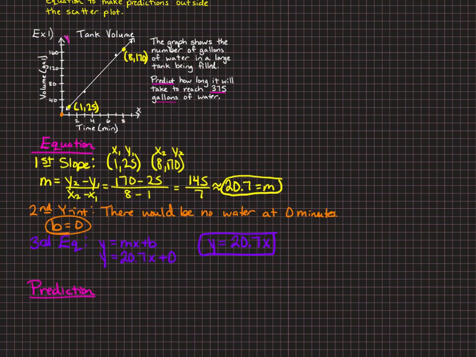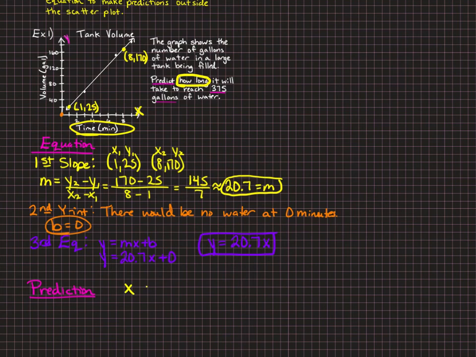I want you to notice two values. I want you to notice what it's asking for. It's asking for how long it will take, the amount of time it will take. Time is represented on this graph by x, because we see it's labeled as time.